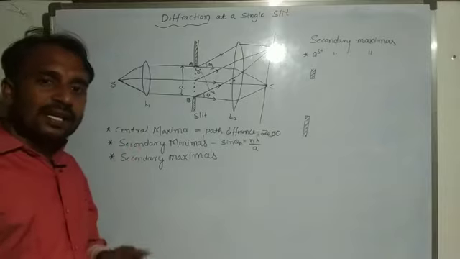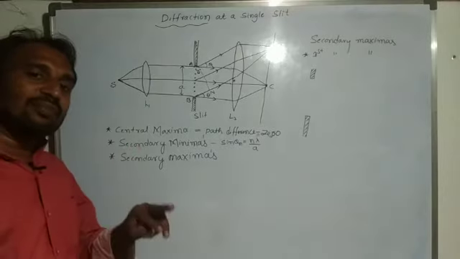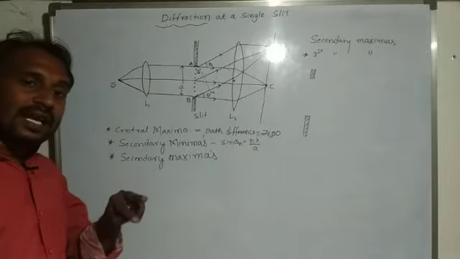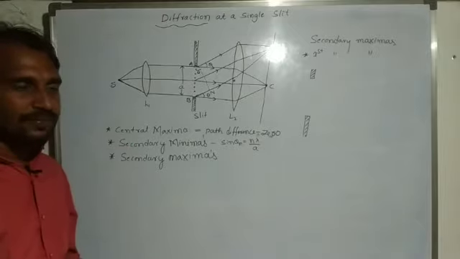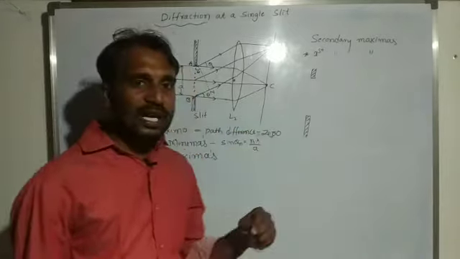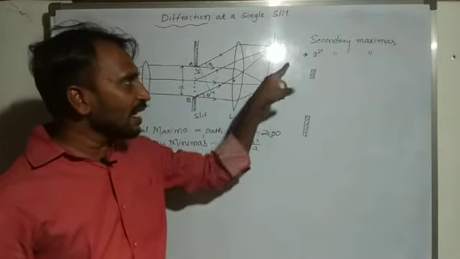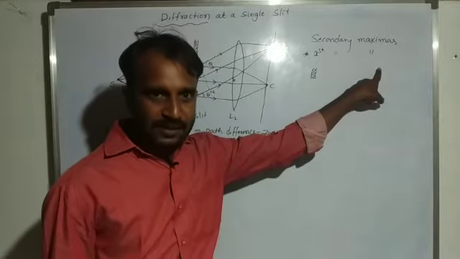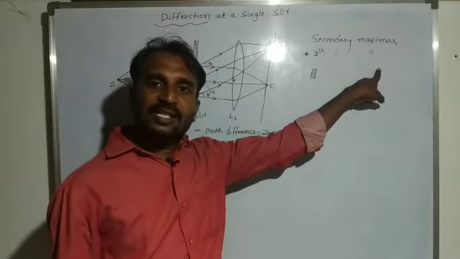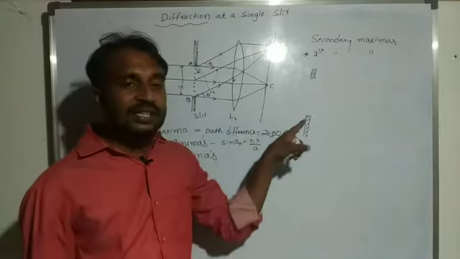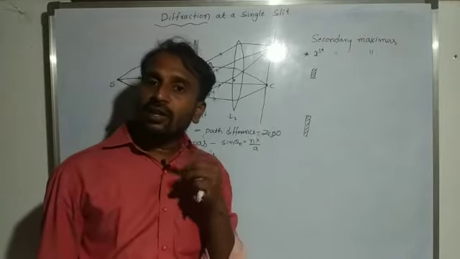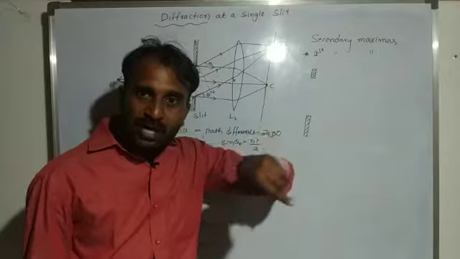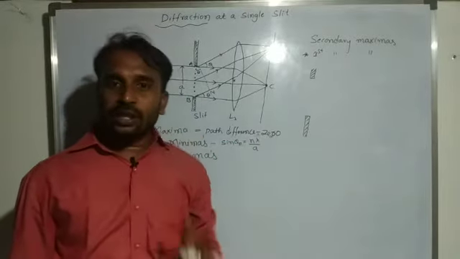In secondary minimas, the slit is made into 2 equal parts, and here secondary maximas is secondary maximas. In first secondary maximas, the slit is made into 3 equal parts, but in first secondary minimas, the slit is made into 2 equal parts.